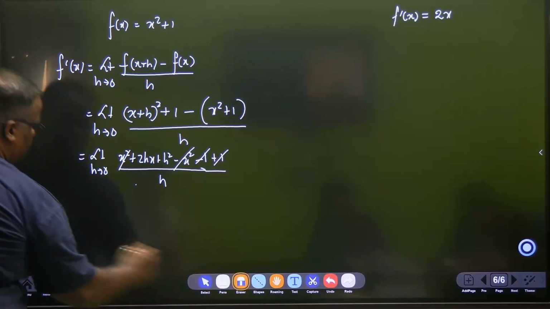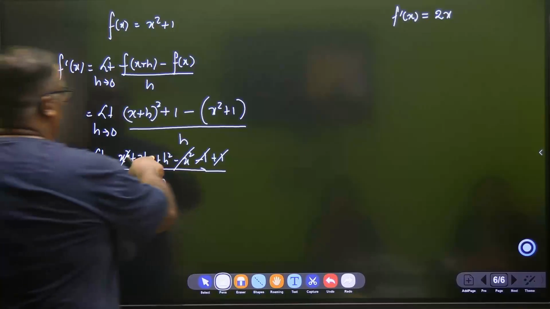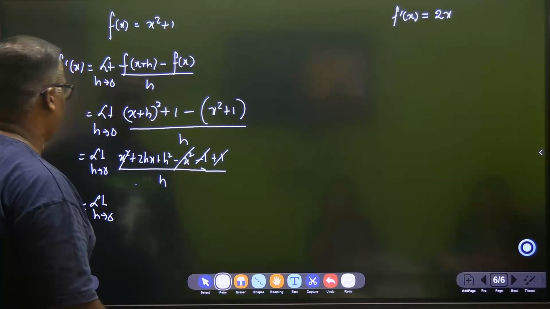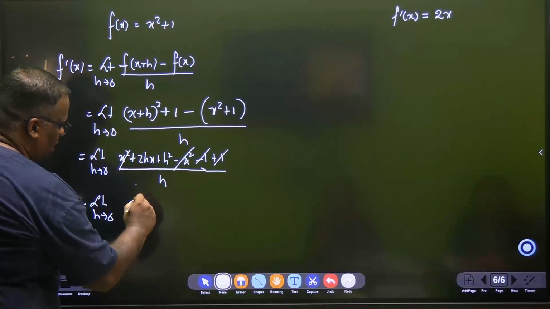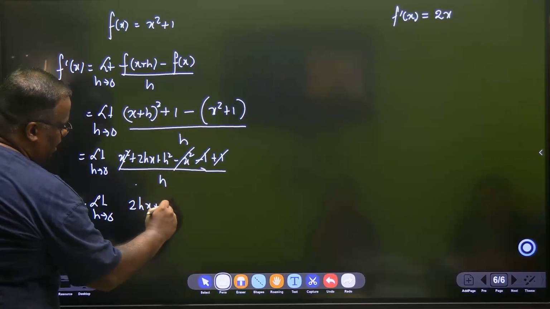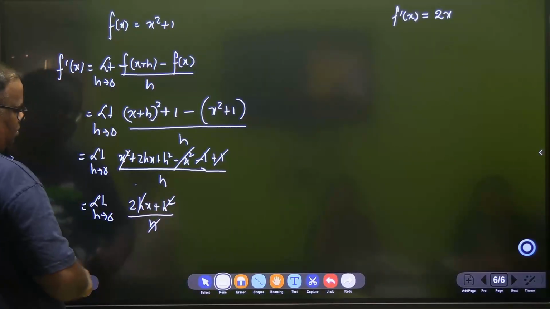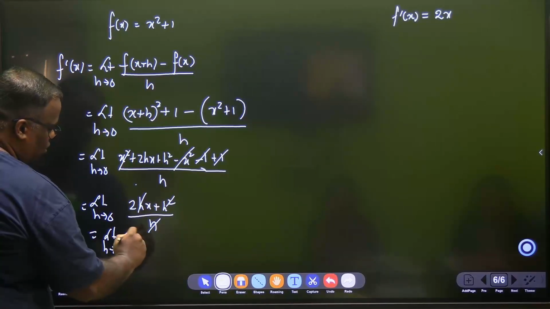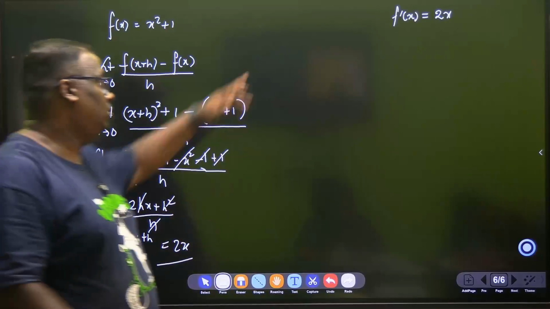Just check this. a square plus 2ab plus b square. x square gone, h gone. Yeah. So this should be 2hx plus h square by h, h square gone. So you are left with limit h tends to 0, 2x plus h. So your answer is 2x, which I already told you.